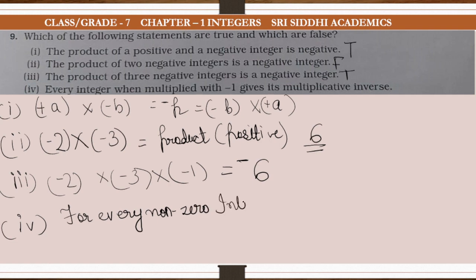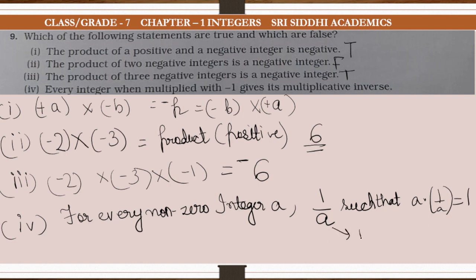For every non-zero integer a, there exists another number which is 1 by a, such that when we multiply a into 1 by a, the product of these will give us 1. So what is this 1 by a? We call it the multiplicative inverse of the non-zero integer a. All right.